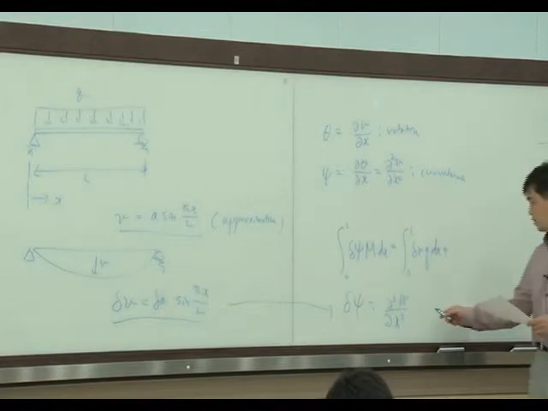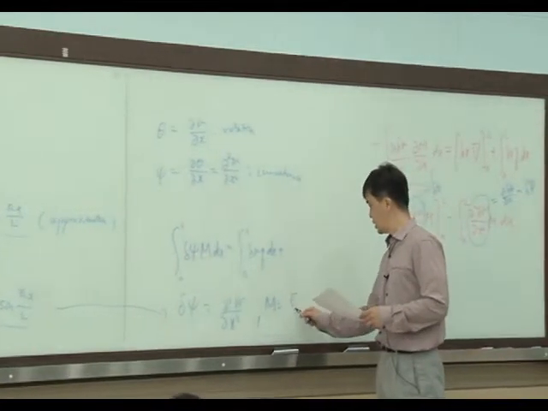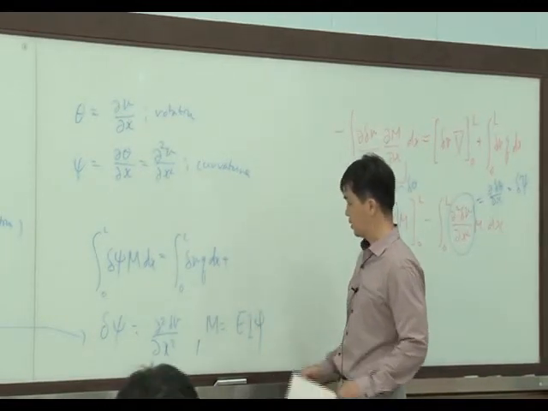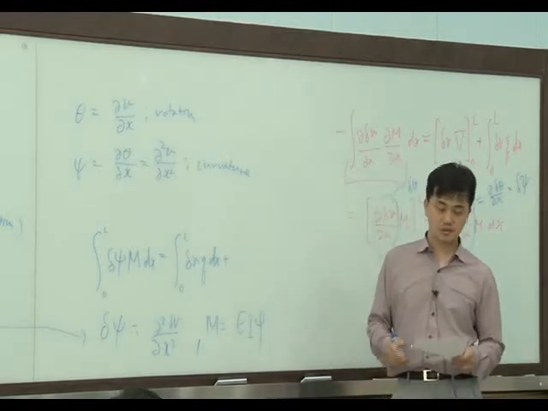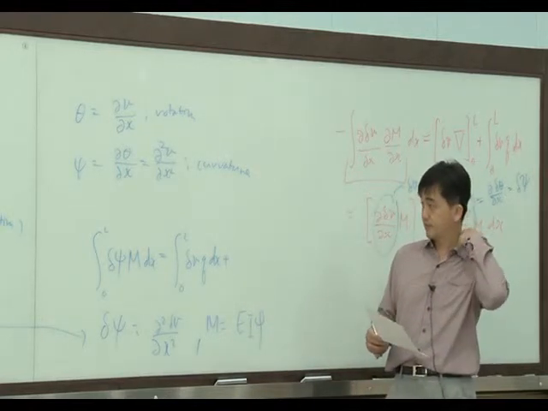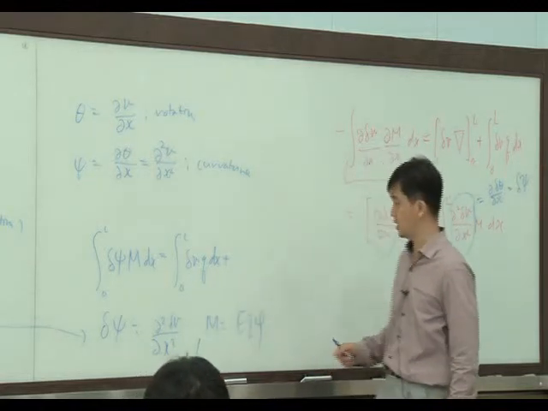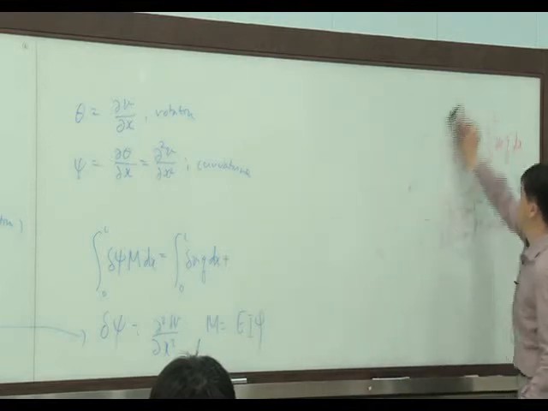Also, we can calculate M from the EI material law. This is the material law, the relation between moment and curvature, right? And the right-hand side we can calculate very easily.